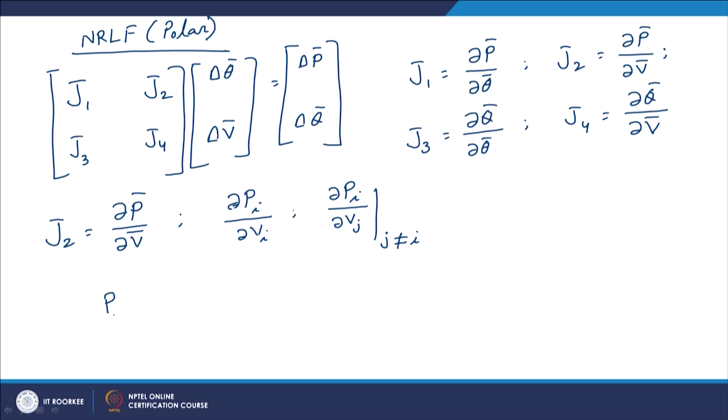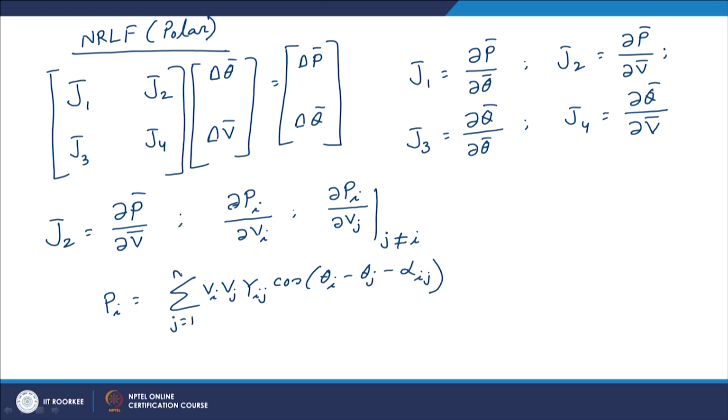We have Pi equal to the sum over j equal to 1 to n, n being the number of buses, of Vi Vj Yij cosine of theta i minus theta j minus alpha ij.